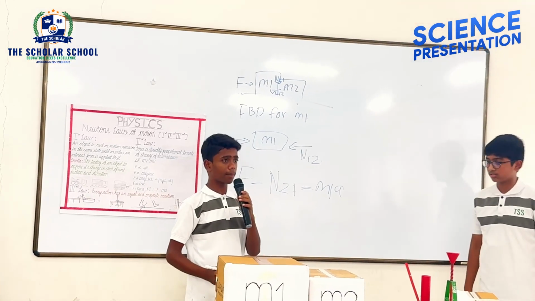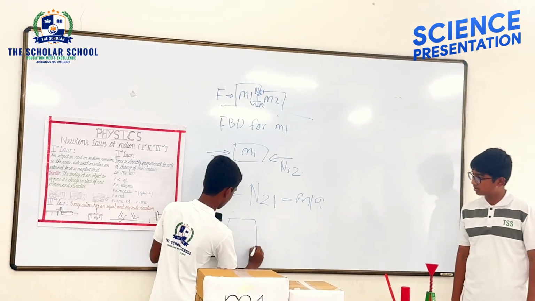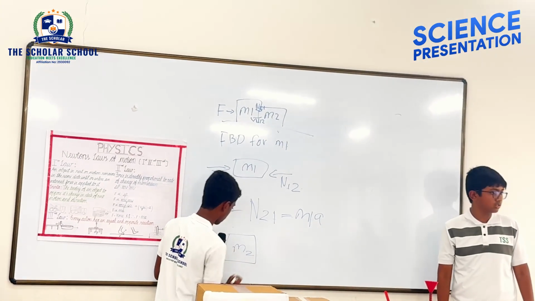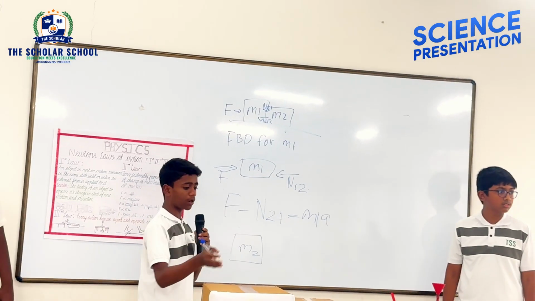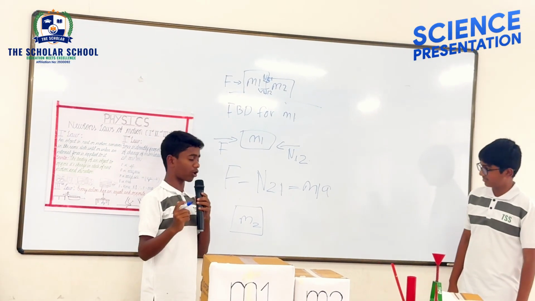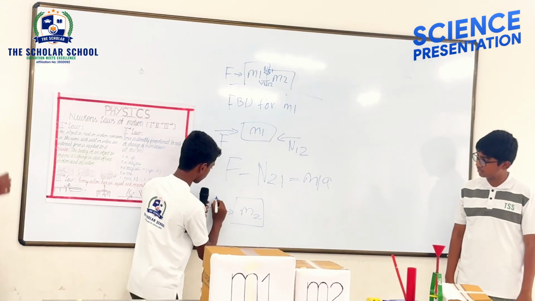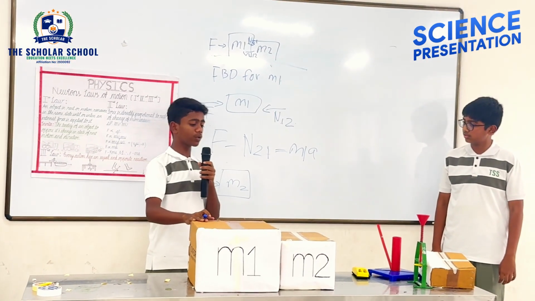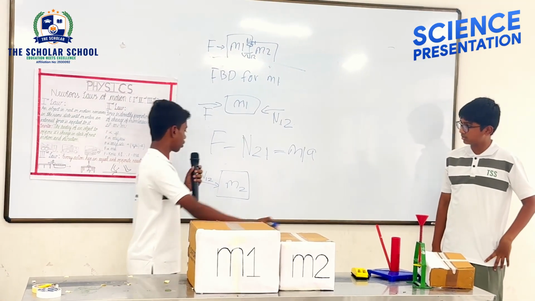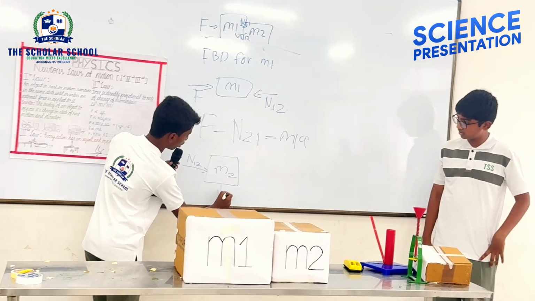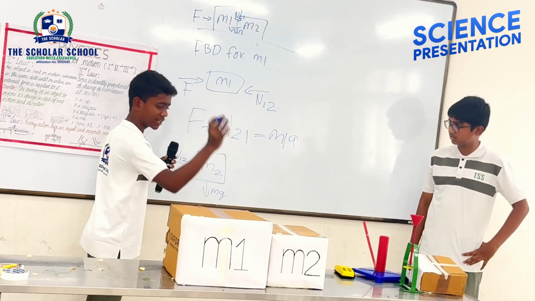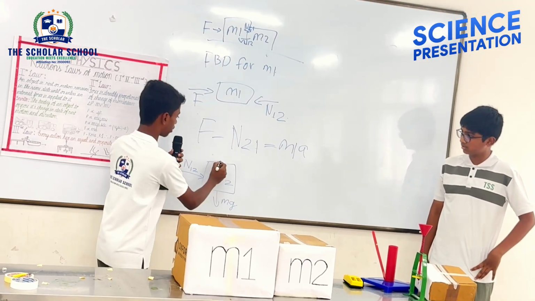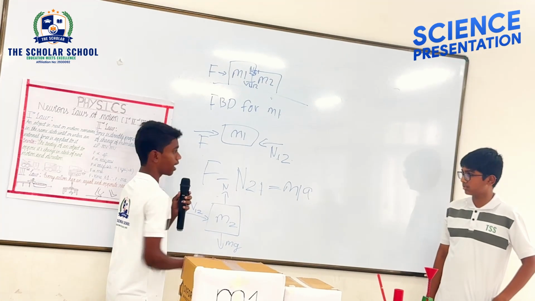Now let us consider the mass m2. The force acting by m1 on m2 is the only horizontal force acting on m2. So only N12 is acting on m2. There is also mg, the weight of the object acting downwards, and the normal reaction acting upwards.